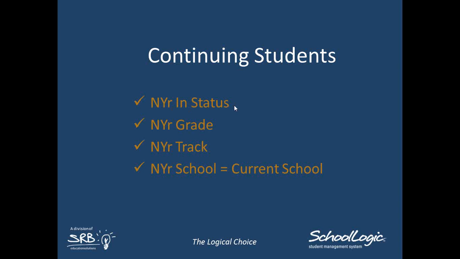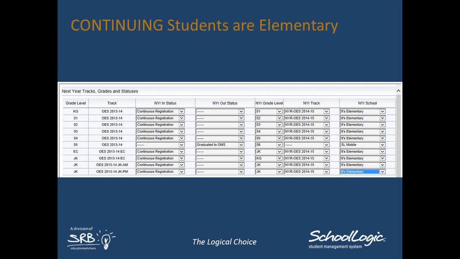And remember, I fill this out by track. For my continuing students, what will their NYR grade be? I get to assign generally 1 grade above where they are now. NYR track, what is their track for next year? And then the final one, the easy one, because they're continuing students, what's their NYR school? It's the current school. If they're returning to you, next year's school must obviously be the same as this year's school.